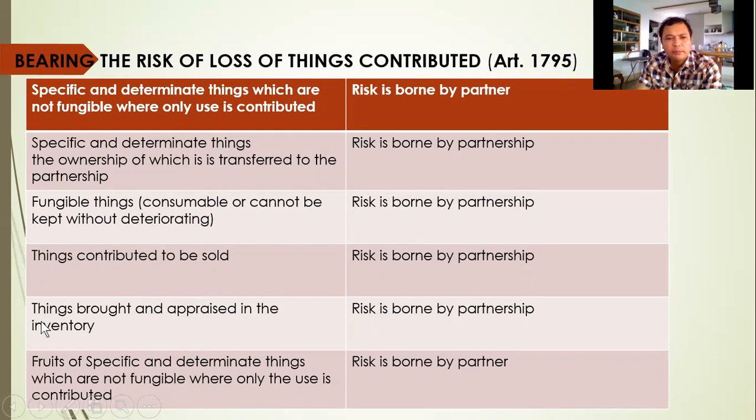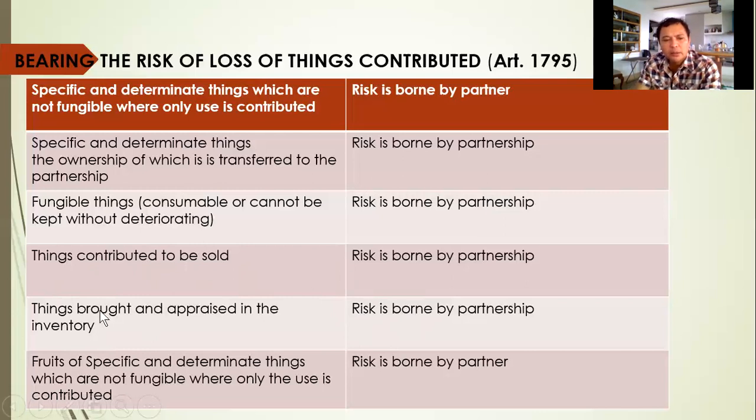Number five, when things brought and appraised are included in the inventory. So what is inventory? Inventory are things which are property of the partnership which are to be sold. No? So it's the same as this one, the things contributed to be sold, it is also the partnership who bears the loss.